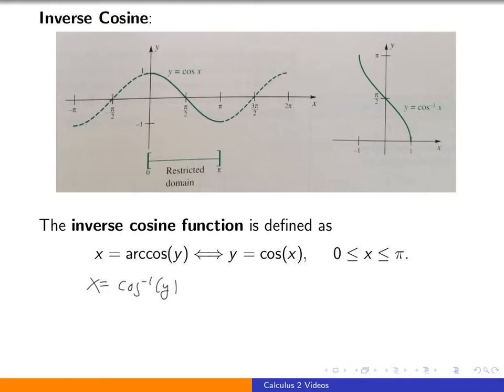We use the notation interchangeably, but remember, raising to this minus 1 power is not 1 over cosine. We define this as y equals cosine of x, with x in that restricted domain. In terms of domain and range for the cosine inverse, its domain is from minus 1 to 1, and its range is from 0 to pi.